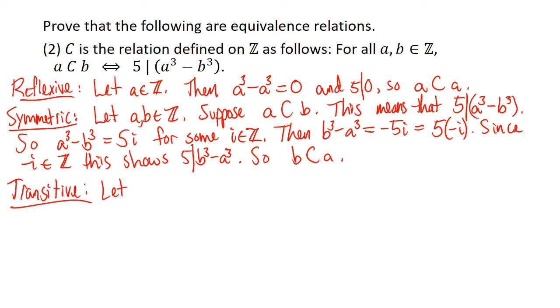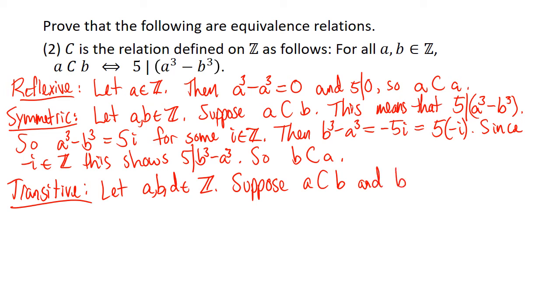So I'll call them, well, I don't really want to use C because I'm already using C for something else, and I don't think I can write it differently enough, so I'm going to call them A, B, and D. So let A, B, and D be in the integers. And now I'm going to suppose that A is related to B and that B is related to D. So A is related by C to B, and that's not a D, sorry.